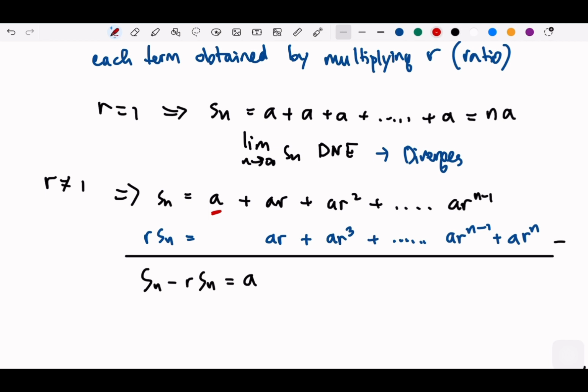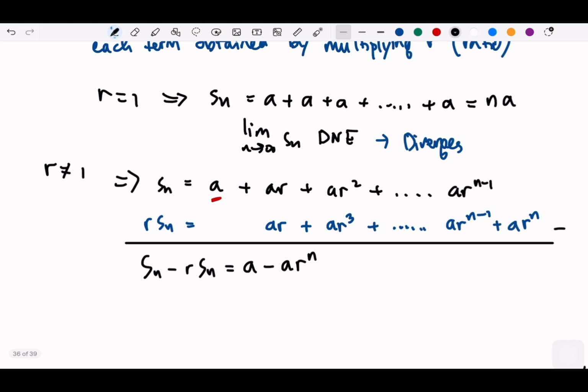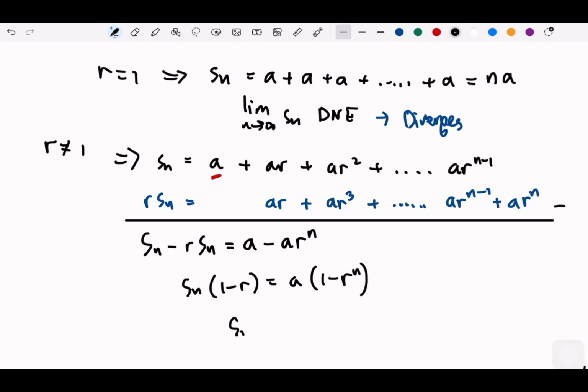So we could just write the last term, which is minus a r to the power of n. And with simple simplification, we have Sn times (1 minus r) equals a times (1 minus r to the power of n).